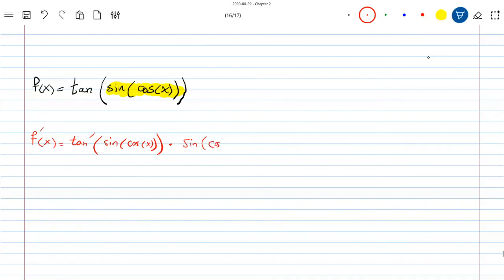The inside function is sine cosine x, and I want to take its derivative. This yellow highlighted part is what we consider the inside function. We have the derivative of the outside operating on the inside, multiplied by the inside function's derivative. What is the derivative of tangent? It's secant squared, still applied to sine cosine x, multiplied by the derivative of sine cosine x.